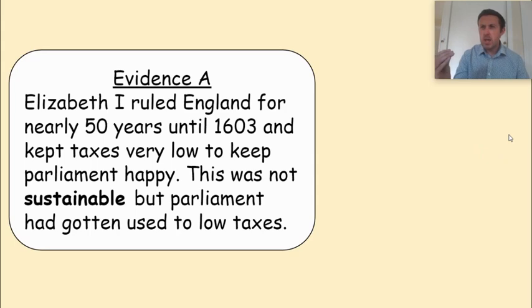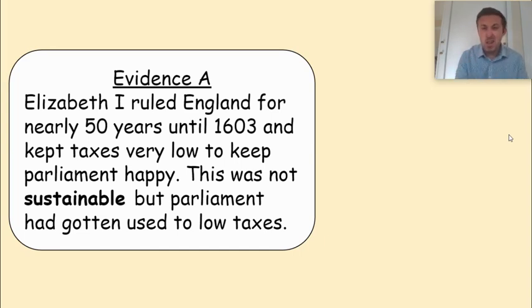Okay, so I'll give you an example of how I'd like you to do this. This is evidence A. Elizabeth I ruled England for nearly 50 years until 1603 and kept taxes very low to keep Parliament happy. This was not sustainable, as she wouldn't be able to keep this up long term, but Parliament had gotten used to low taxes.